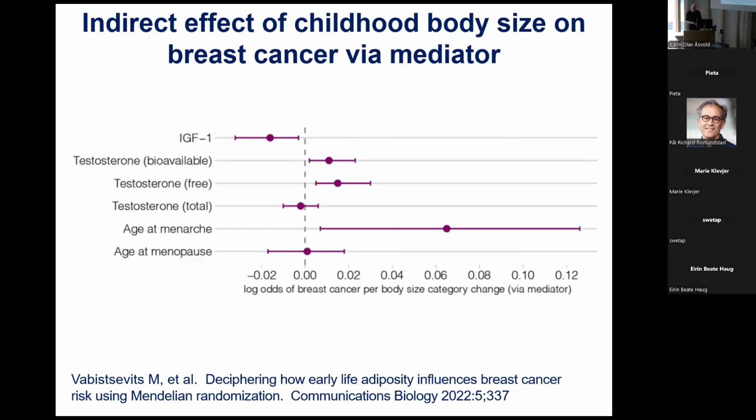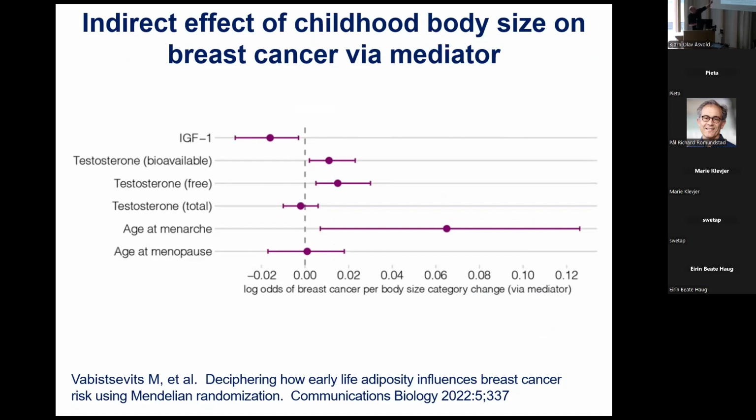And the other mediators went the other way, i.e. the larger childhood body size was related to higher bioavailable and free testosterone, which increases the risk of breast cancer, and it was related to earlier age of menarche.